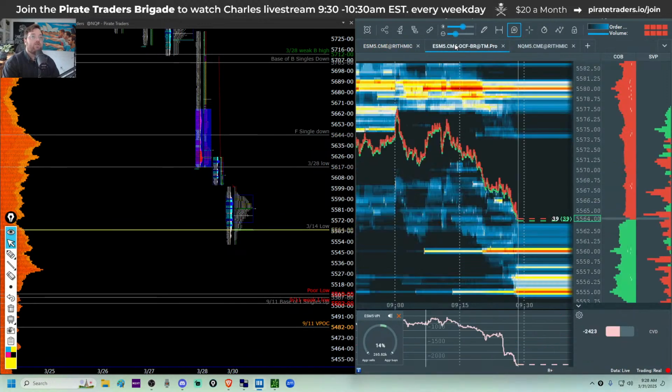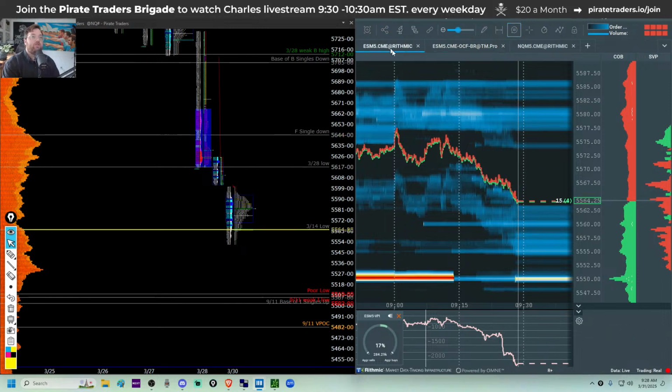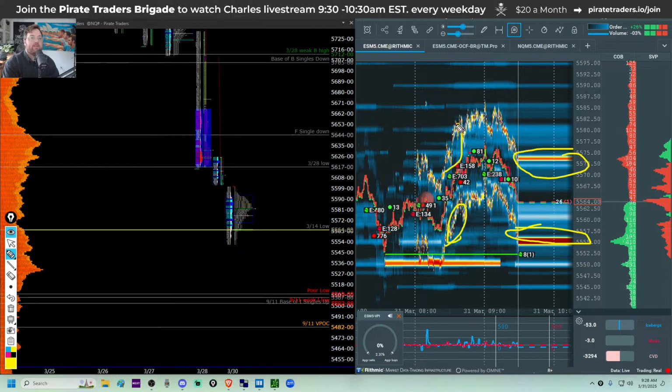And then I will click over to this screen in the center here. This is basically just filtered through what they call TraderMap Pro. Essentially, if you look at the regular order book, you see all of this right here, this big group of contracts above and below price. They just follow price the whole time. They're always pegged above and below price. That is to throw off algorithms, to throw off computers.